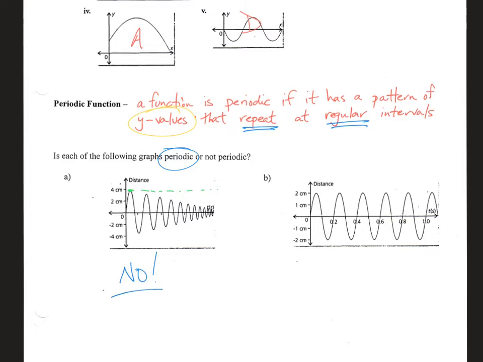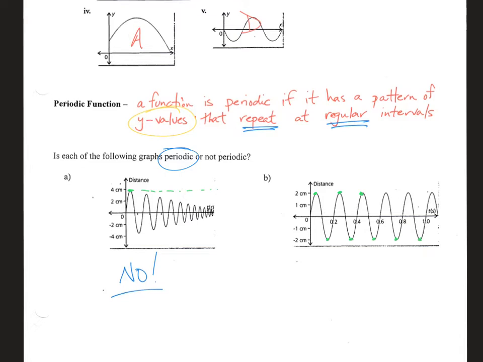We take a look at the next graph, and we notice that we meet the first requirement. I have a y value of 2, I have a y value of 2, I have a y value of 2. The same thing on my -2, -2, -2. So my y values look like they repeat. The second portion of that definition is, does that repeating occur at regular intervals?